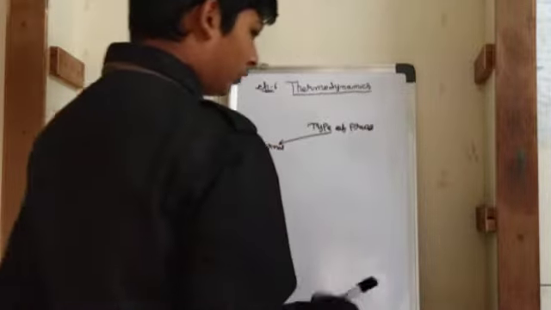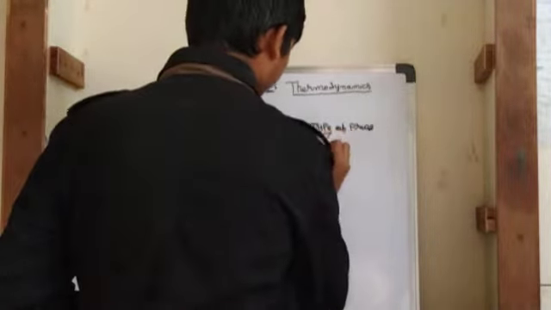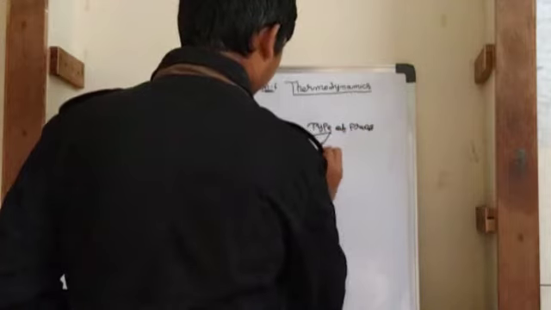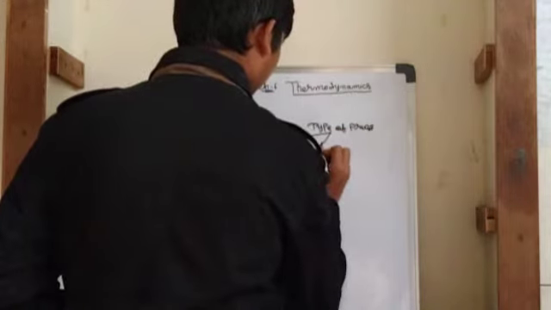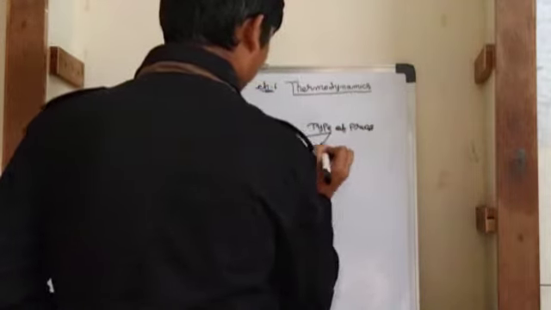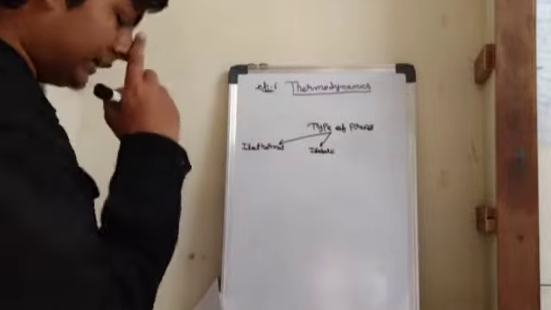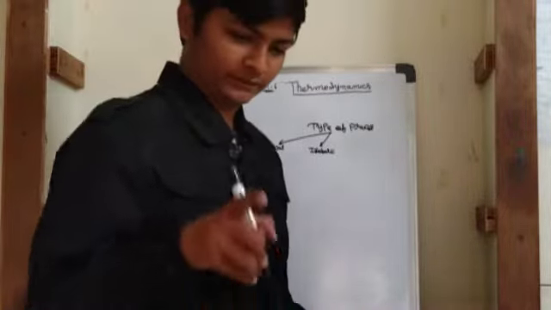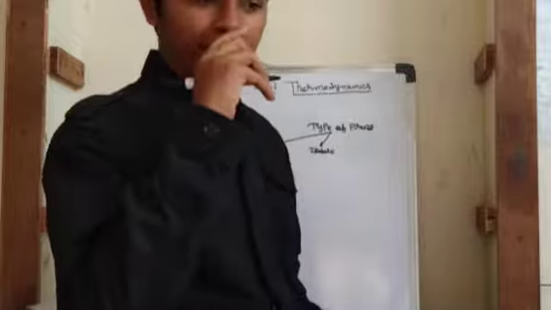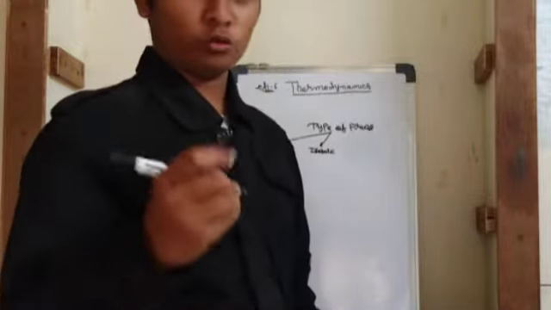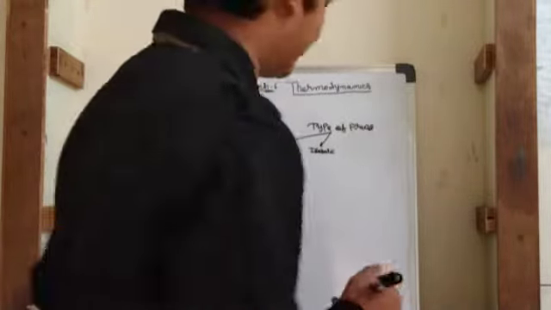Second is known as isobaric. And the third is isochoric, and the fourth is very important and it's new also, which is called adiabatic process.